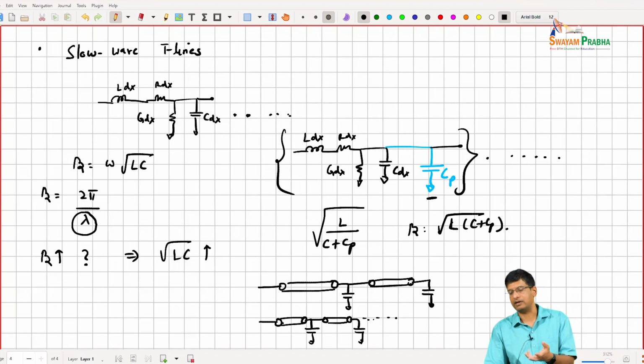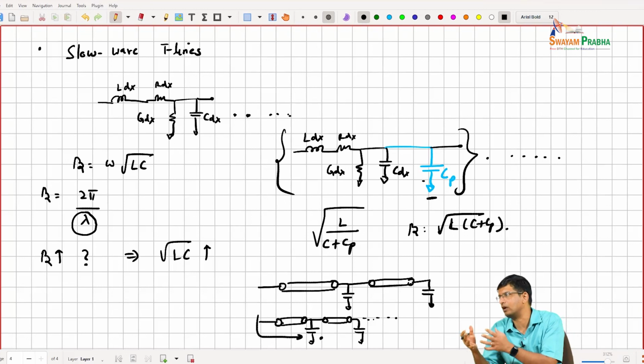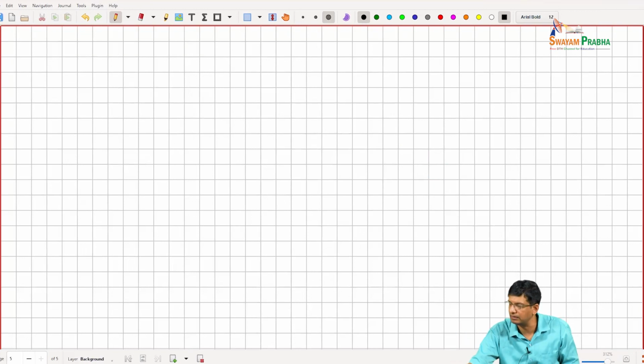And the trade-off here, you can show, is about the cutoff frequency of the line. The shorter the sections, the more you are making this seem like a unit capacitance, the higher the frequency up to which your transmission line will behave predictably, right?